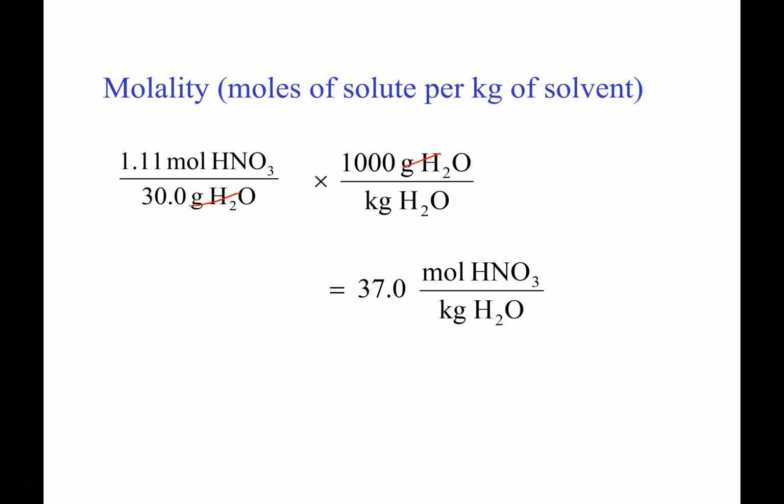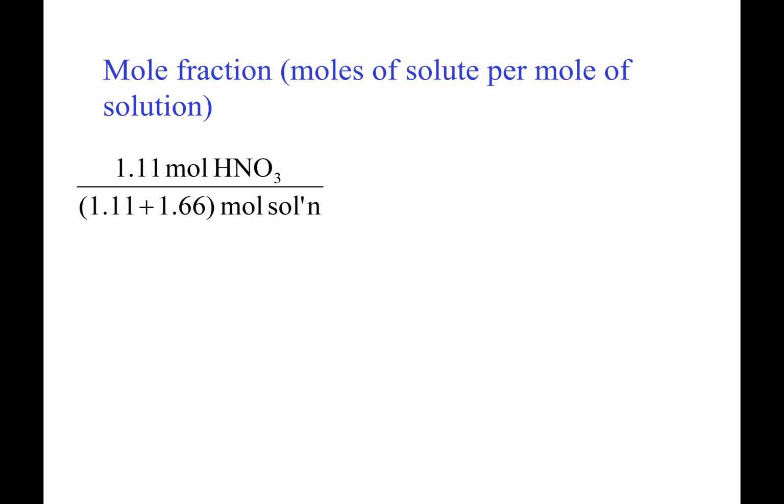Last but not least is this mole fraction. So this one's not too bad. We just have to revisit earlier where we had the moles of HNO3, which is 1.11, and divide by 1.11 plus the moles of H2O. Yep, so it looks like this. 1.11 moles of HNO3 divided by 1.11 plus 1.66 moles, total moles in our solution.